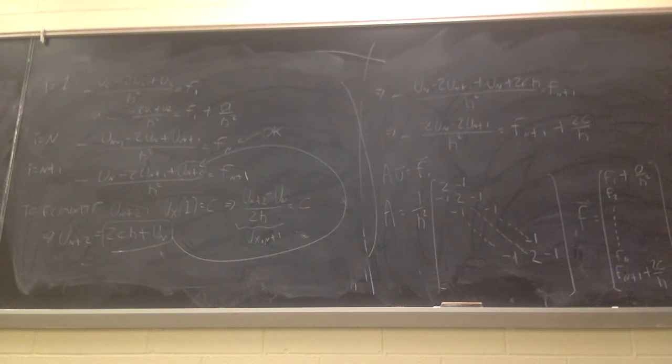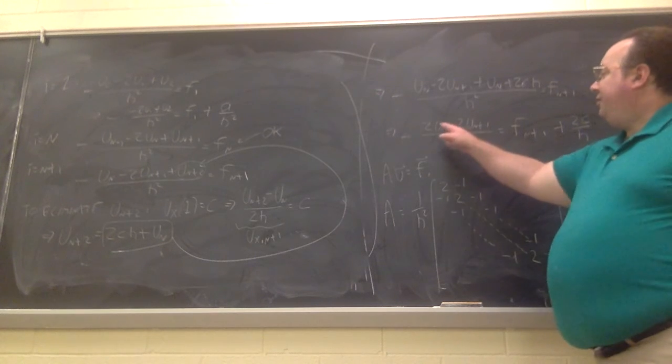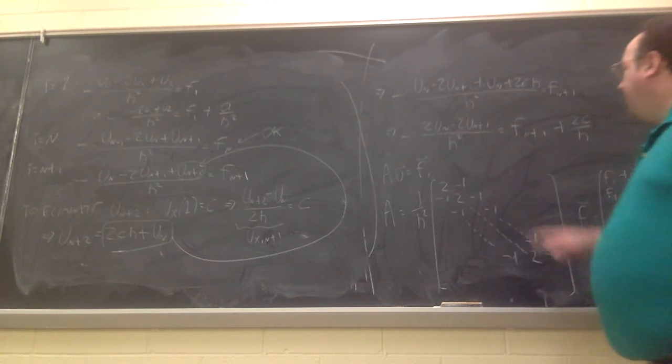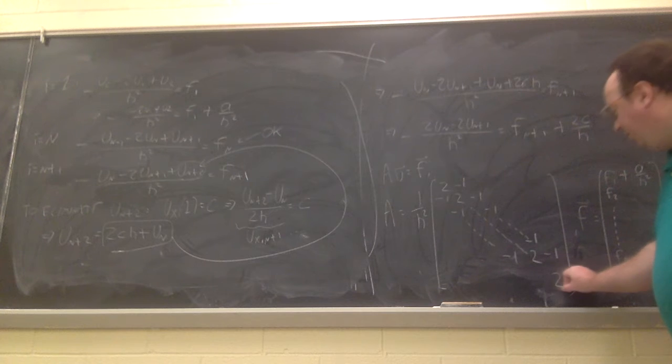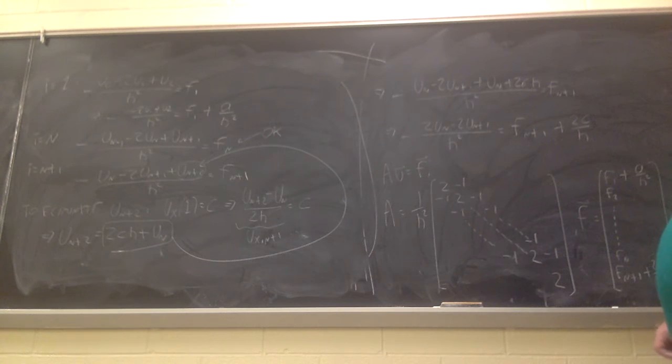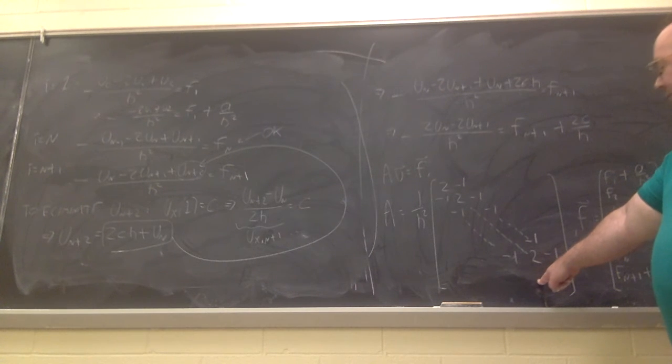But now I've got to be more careful about that last row. So here I have a minus 2, so I will still have a 2 down there. But what am I going to have over here from this equation?